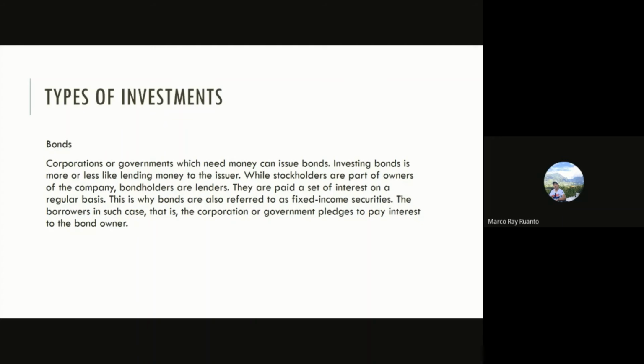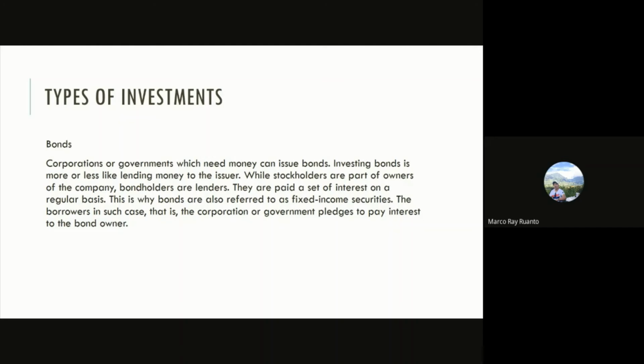Okay. There are two types of security. Itawag nato nga bonds and gitawag nato og stocks. So there are two types of security, bonds and stocks. When a bank or an agency offer you bonds, what is happening there is that kung magpalit ka og bonds is that you are just like lending your money to the company.